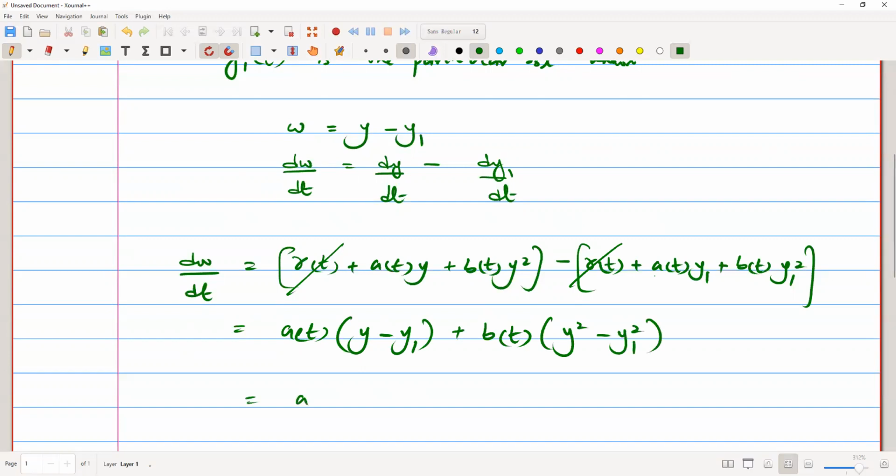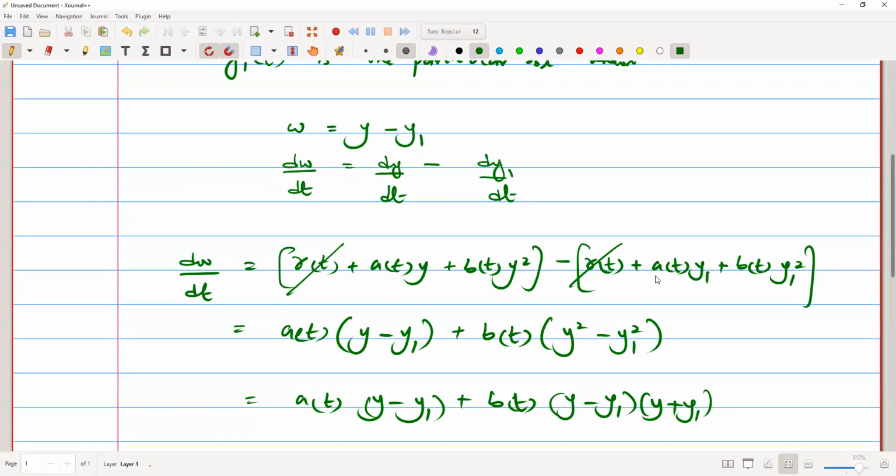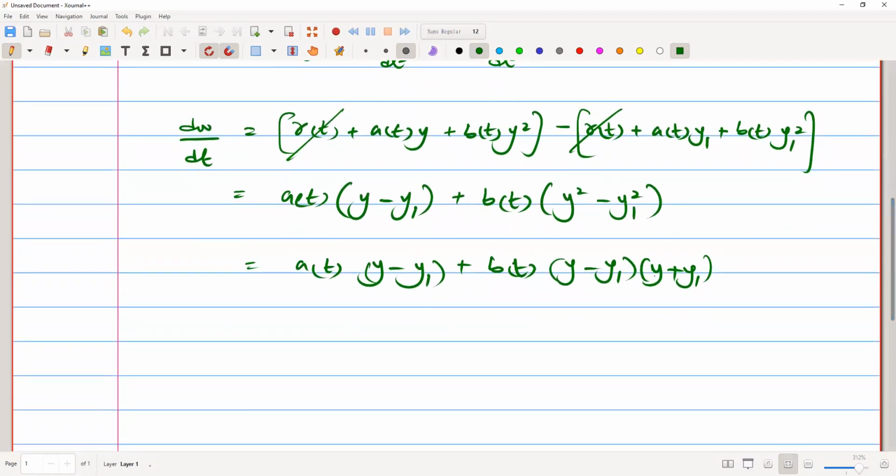And then we have a of t times y minus y1 plus b of t times y minus y1 times y plus y1, right? And then for y minus y1, we can use w, because we know that w equals y minus y1. So we have a of t times w plus b of t times w times y plus y1, right?